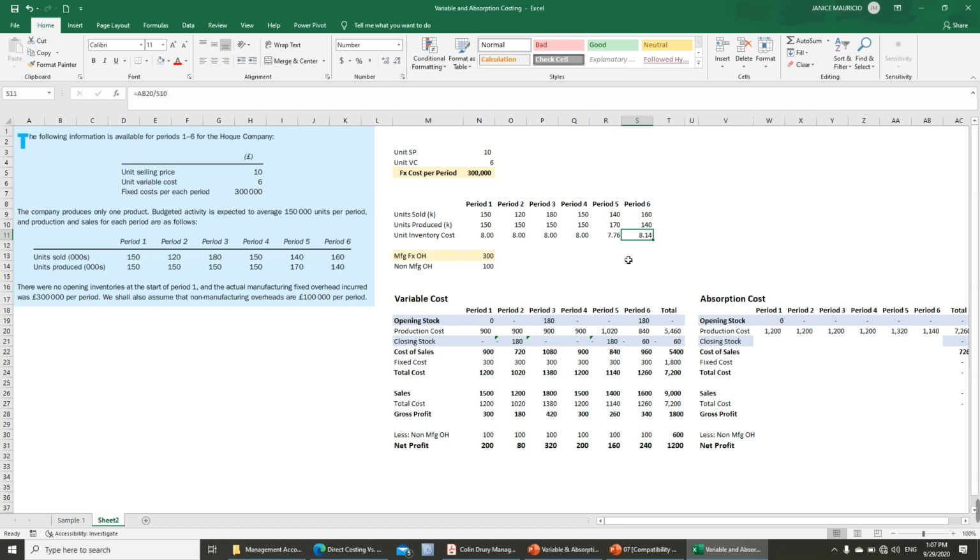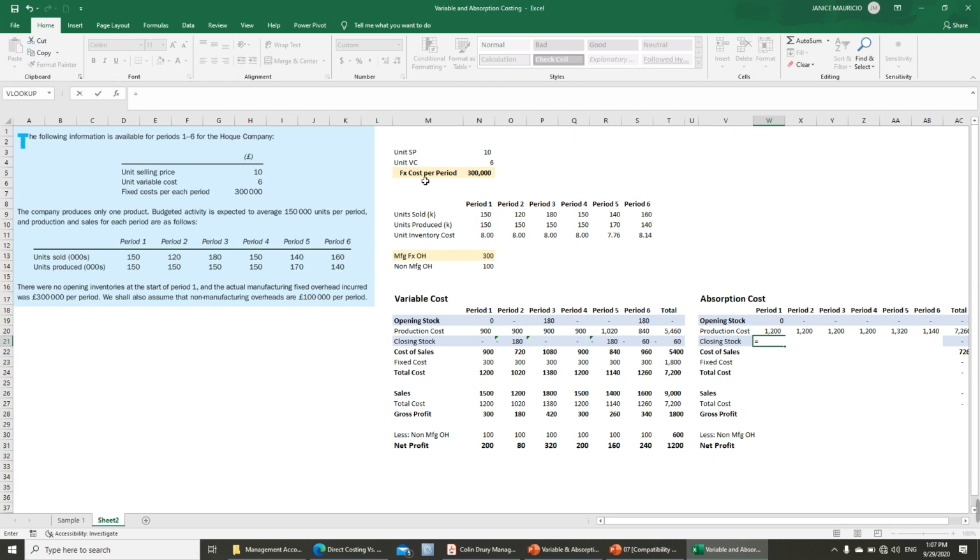So the lower the divisor, the higher the inventory cost. Okay? Now, for us to compute the closing stock, the value of the closing stock is actually the difference between produced minus sold, times the unit inventory cost.